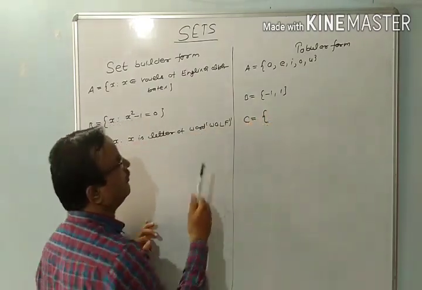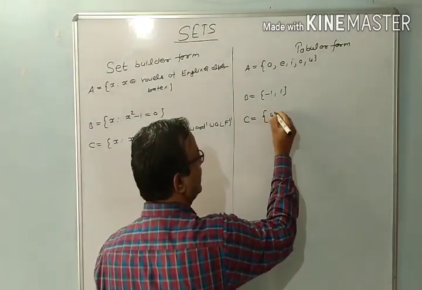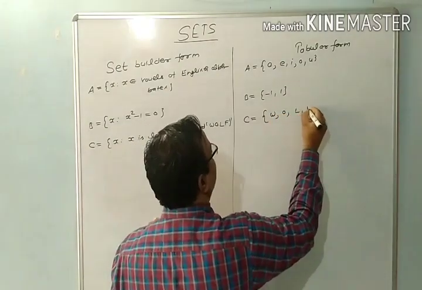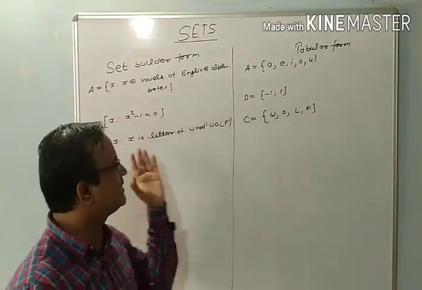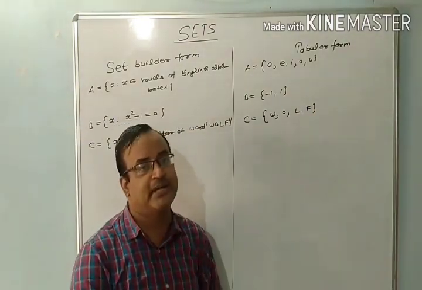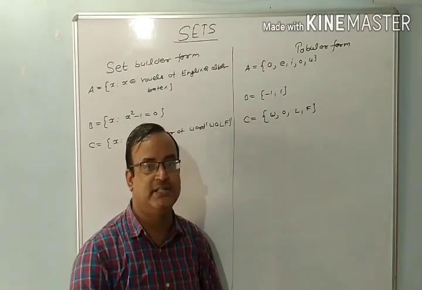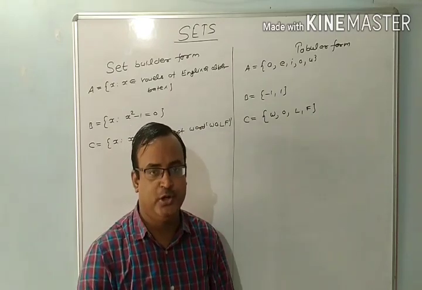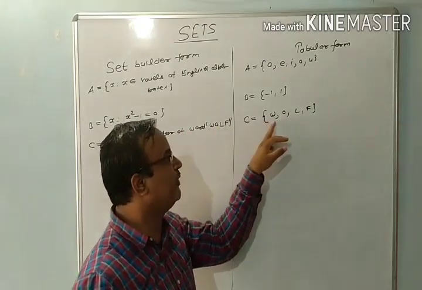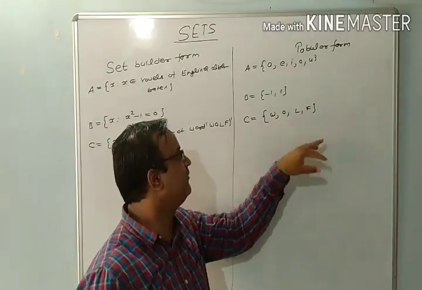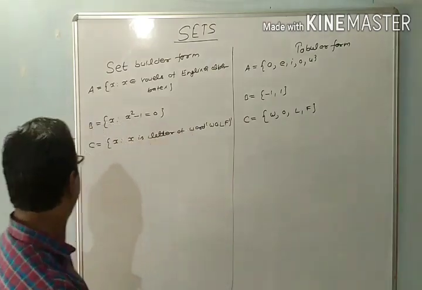So we write the letters of wolf: W, O, L, F. If in another question some letters are repeating, we will write them only one time, because as per the definition of sets the elements must be different, not identical. So we write W, O, L, F separated by commas.